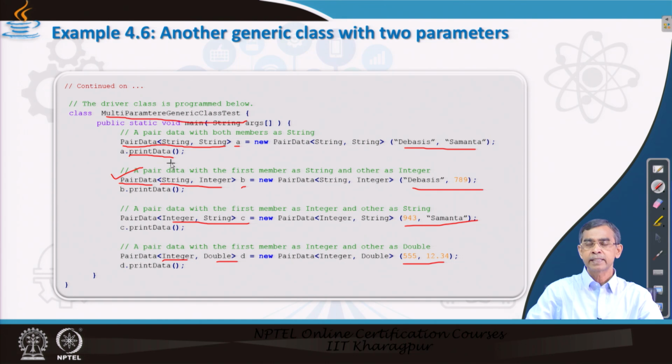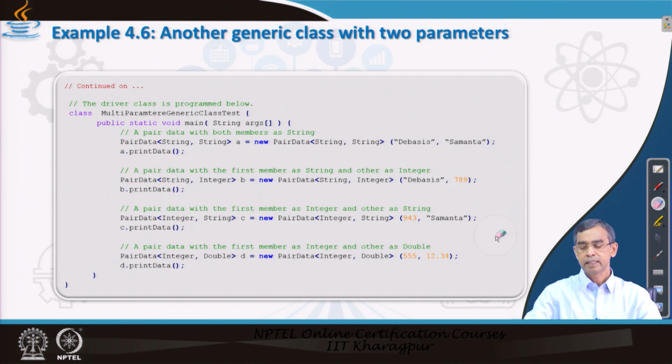So, this is a great example of how generic classes strongly support any type of objects generically and, more significantly, dynamically. So, this way the generic class with two parameters, as we have explained here, works for us.